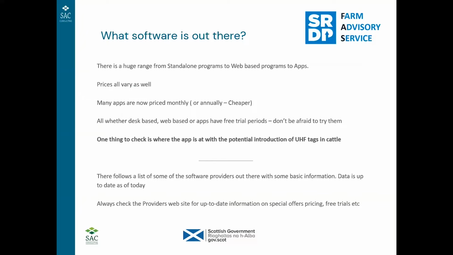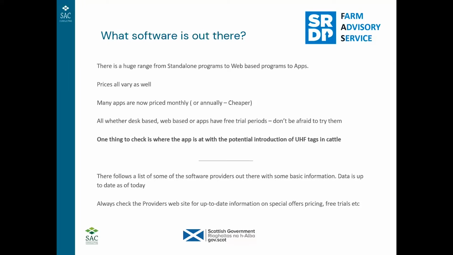So starting to look at what's there, there's a good range of software out there. All are capable of doing most things like management reports, daily live weight gains, medicine use, dam and sire performance, etc., except probably the very basic ones like some of the free ones around. Prices all vary, can be monthly.